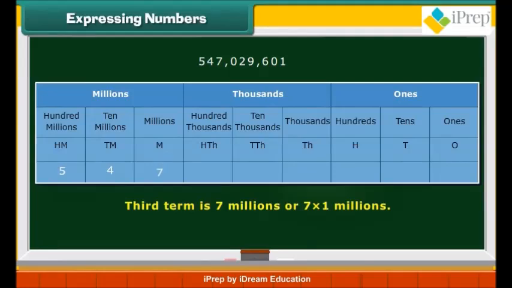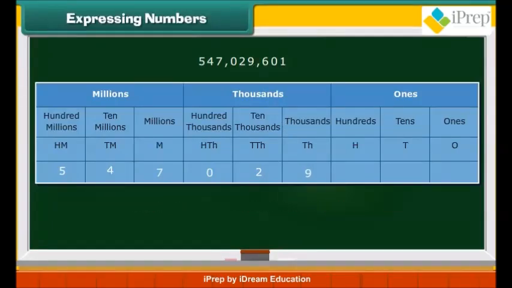Third term is 7 millions or 7 multiplied by 1 million. Place 7 under M. Fourth term is 20,000s or 2 multiplied by 10,000. Write 2 under TTH. As there is no 100,000 term, place 0 under HTH. Fifth term is 9,000s or 9 multiplied by 1,000. Write 9 under TH.